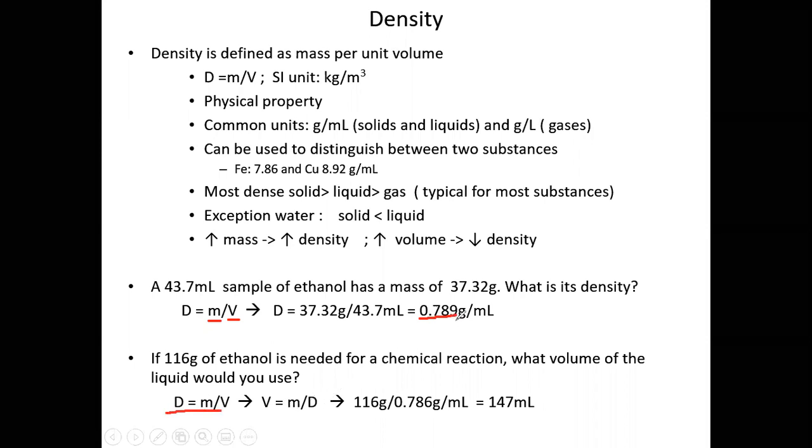So the density is 0.789, the mass is 116, so we'll need a volume of 147 milliliters. So volume is equal to mass divided by density. Mass is equal to volume times density. So this is how we can manipulate density to solve for either the volume or the mass.